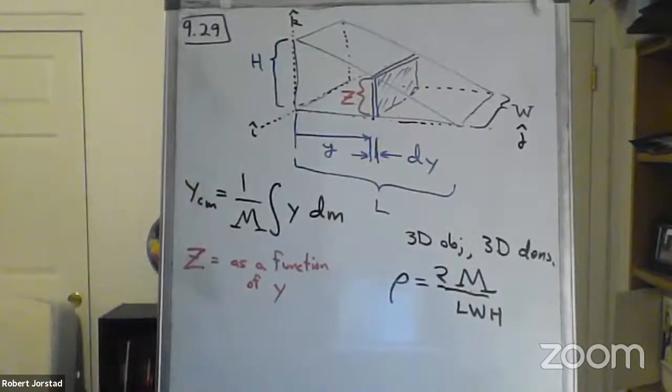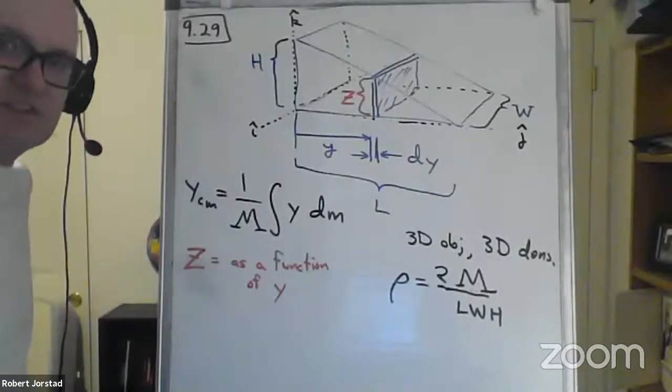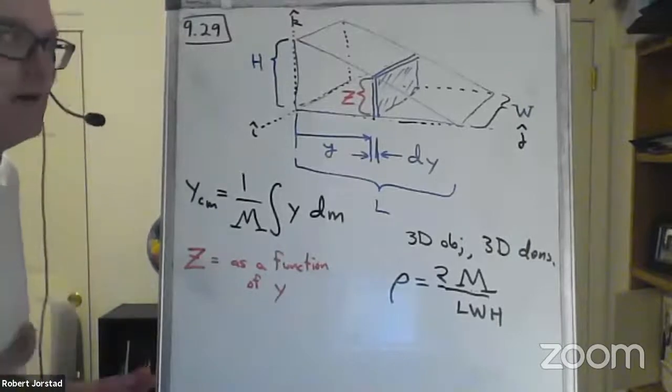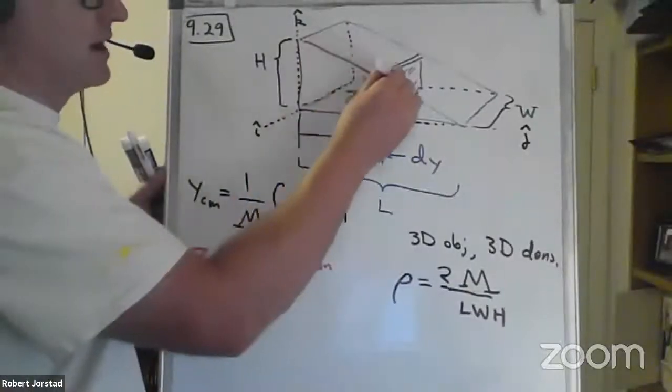Any ideas? It's a linear function, right? So what's the standard linear function that you know of? The mx plus b. Yeah. Okay. So I'm going to change this color to red.